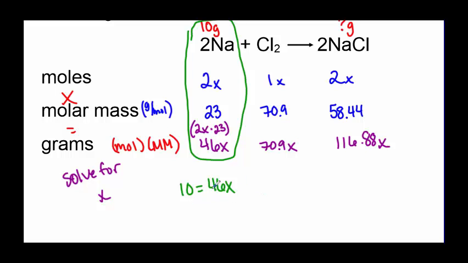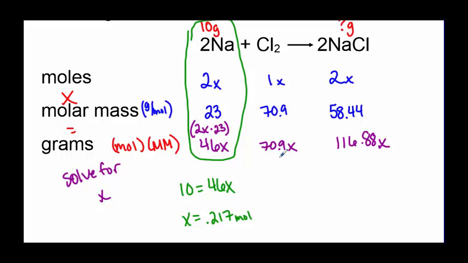So if I divide both sides by 46 and solve for x, I end up with 0.217. Now what I've actually found here is moles of sodium chloride. Okay, and that's my mole ratio. Okay, and so I can use that x to calculate my grams of chlorine and my grams of sodium chloride.